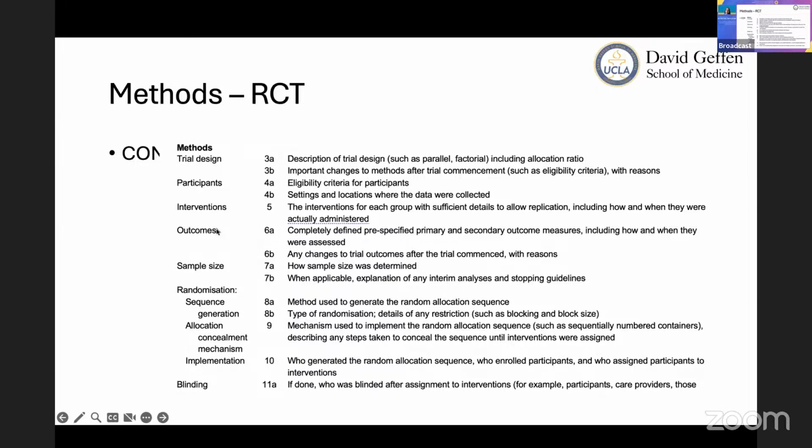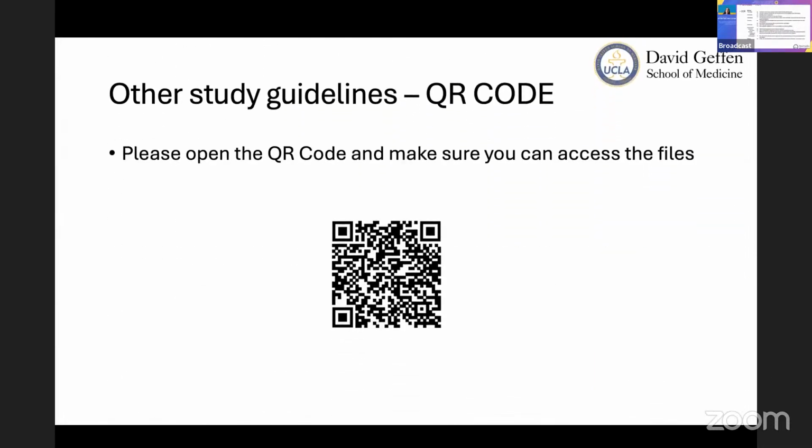Outcomes: completely defined, pre-specified primary and secondary outcome measures. Sample size: how it was calculated, and when applicable, an explanation of it. And if you did perform randomization, there is a whole bunch of things you need to include in the writing. And then blinding: was it blinded? If blinded, how was the blinding assignment done? And things like that. So there are specific reporting guidelines that these CONSORT guidelines will give you for RCTs.